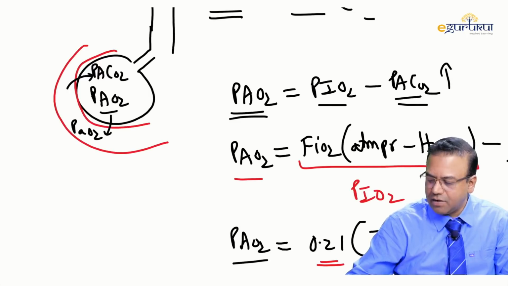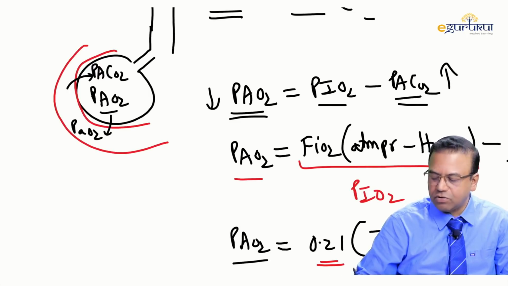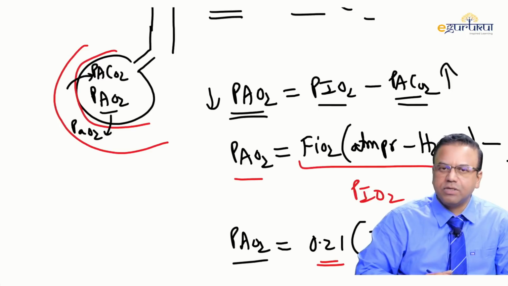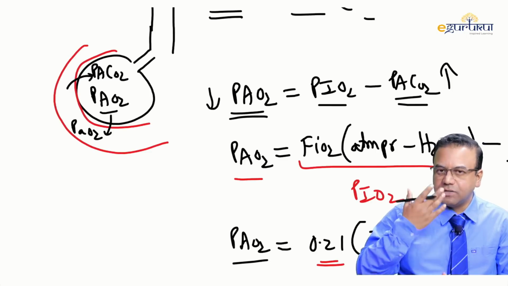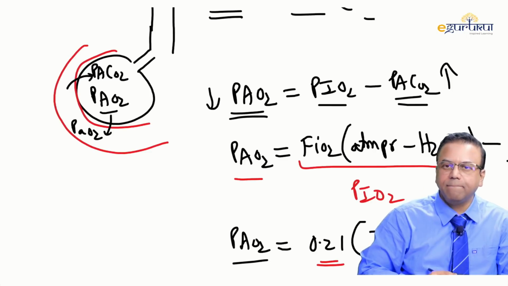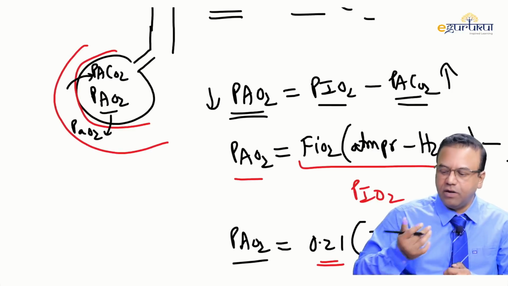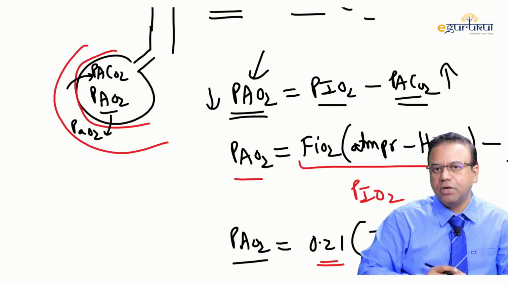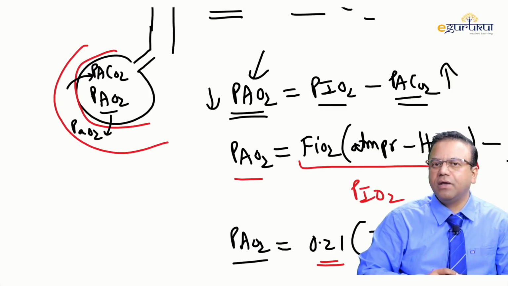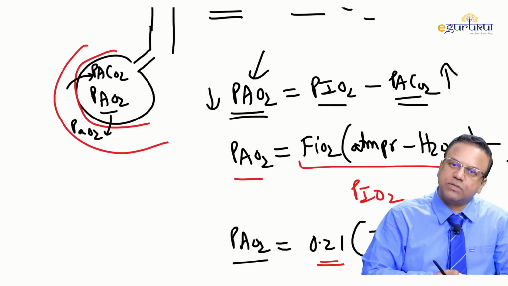That means the higher the PaCO2, the lower the alveolar oxygen is going to be. We'll understand this concept when we talk about type 2 respiratory failure or a hypoventilation condition. In hypoventilation, if the air is not moving in and out of the airway in the lung, then accumulation of carbon dioxide is going to significantly reduce the partial pressure of alveolar oxygen. The more carbon dioxide builds up in the alveoli, the lesser the partial pressure of alveolar oxygen is going to be.